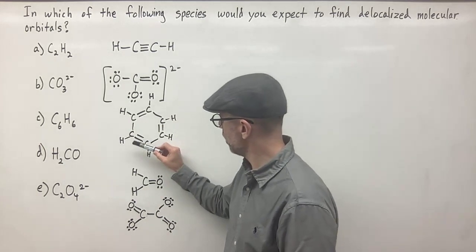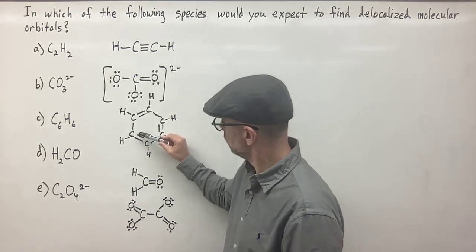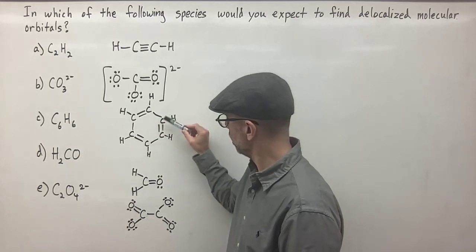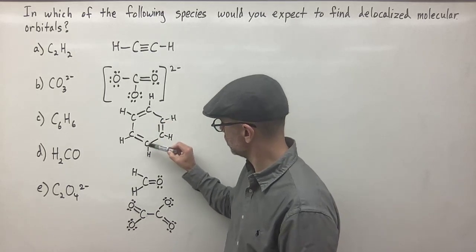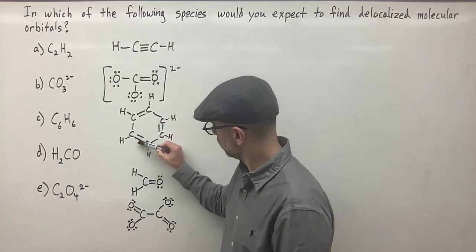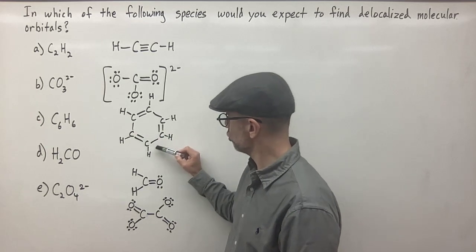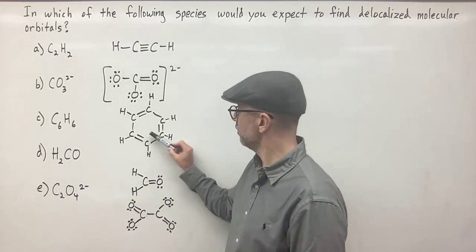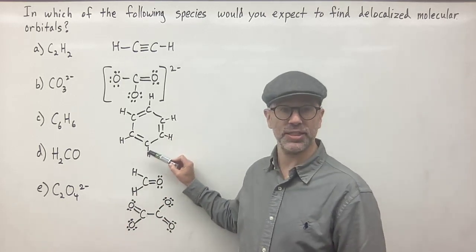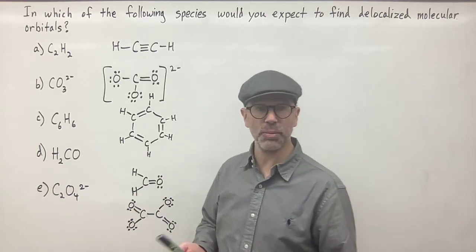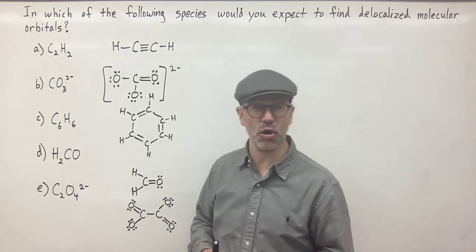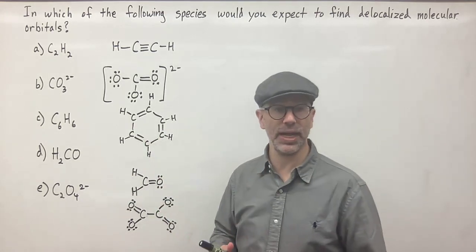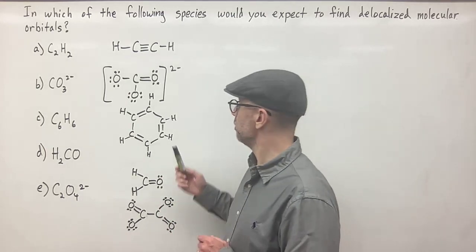And so because you have sp2 hybridization on all of the carbons, because you have one group, two groups, three groups, that indicates trigonal planar. That means you have sp2 hybridization, so all the carbons have unhybridized p orbitals, and each of the unhybridized p orbitals is going to have one electron in it.